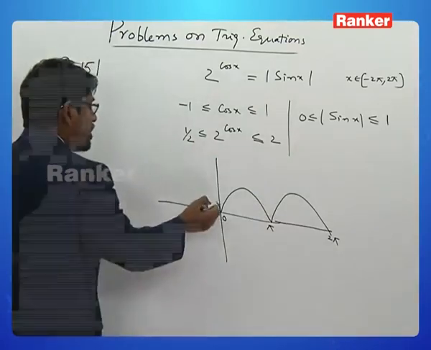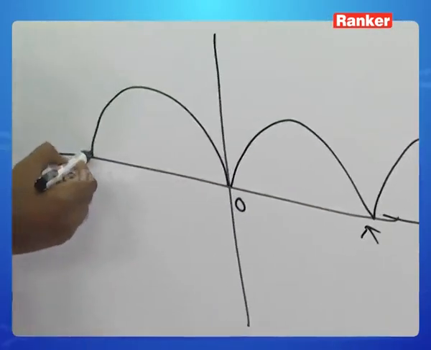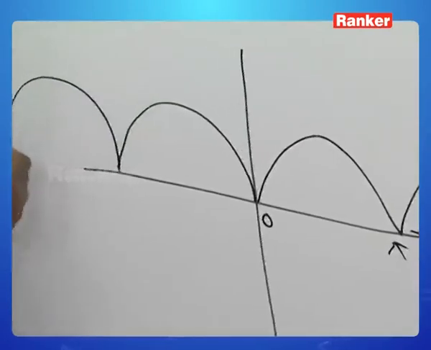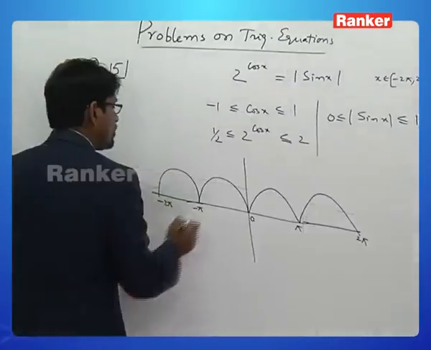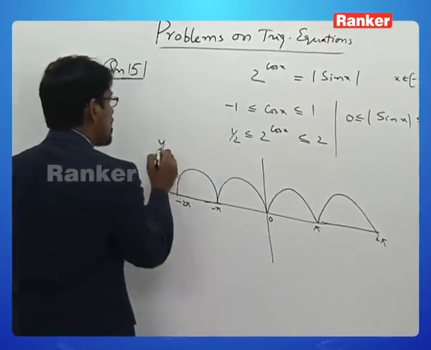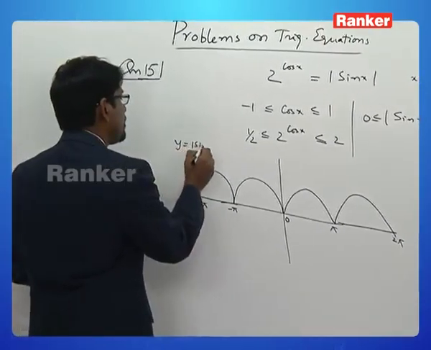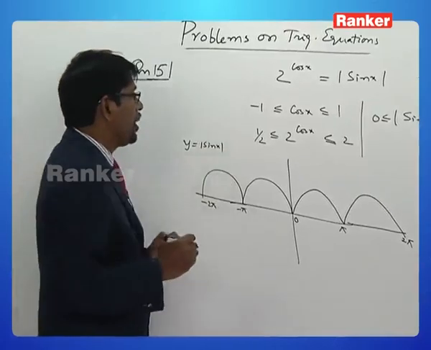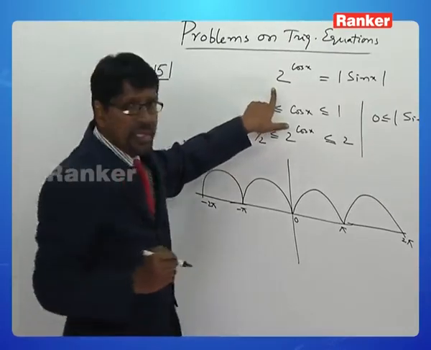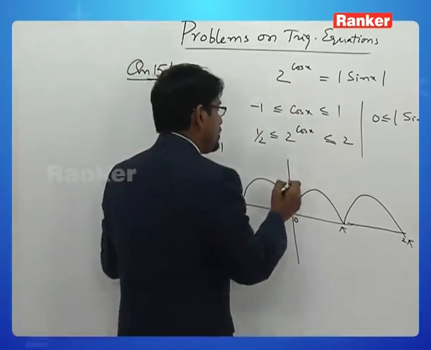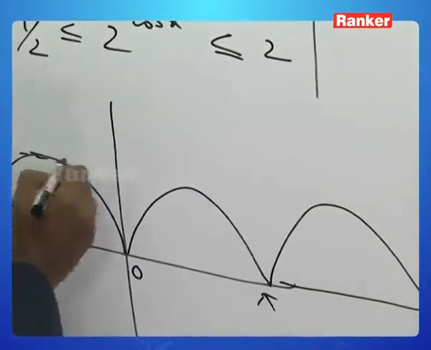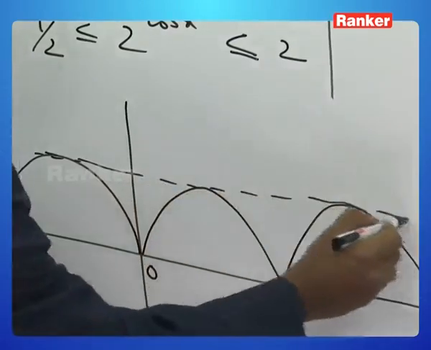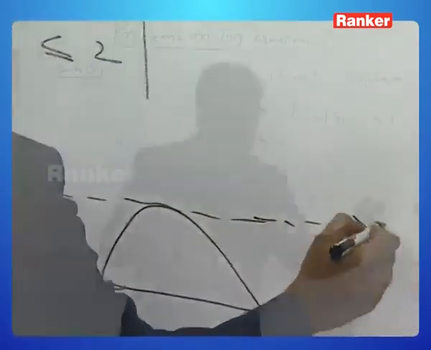And the same thing will repeat, minus pi to 0 and also minus 2 pi to minus pi. This is the y equal to mod sin x graph. Let us plot the 2 power cos x graph. When x is 0, this is the line y equal to 1.